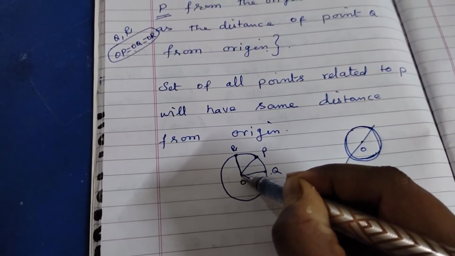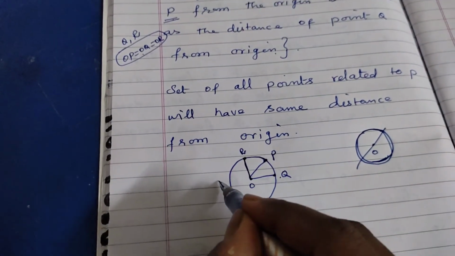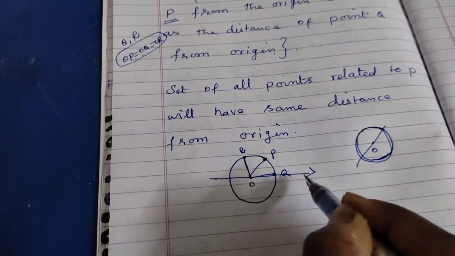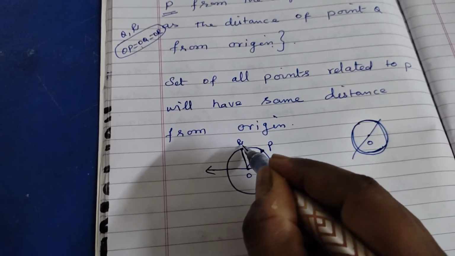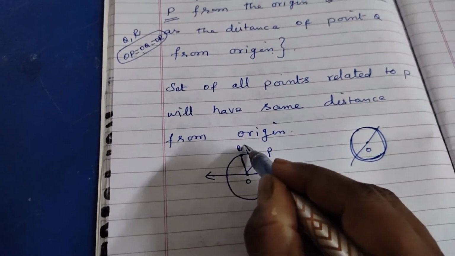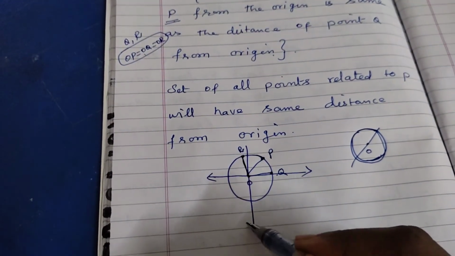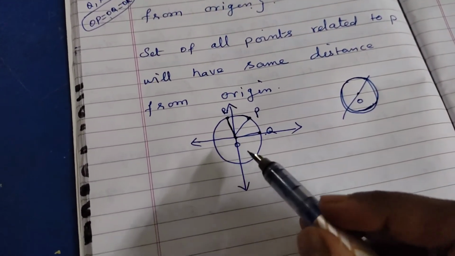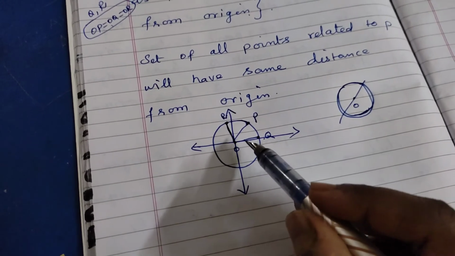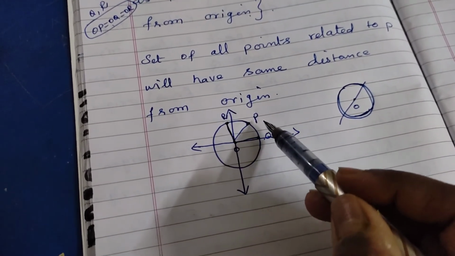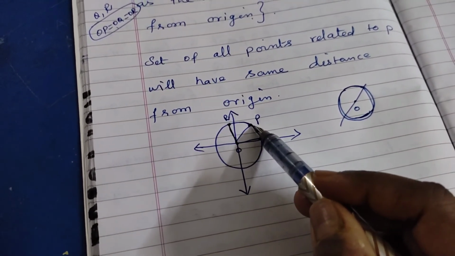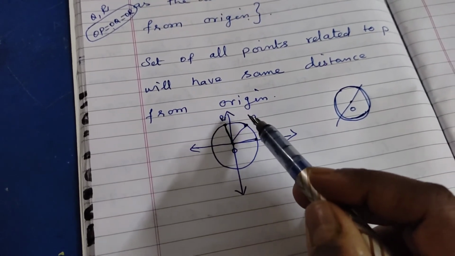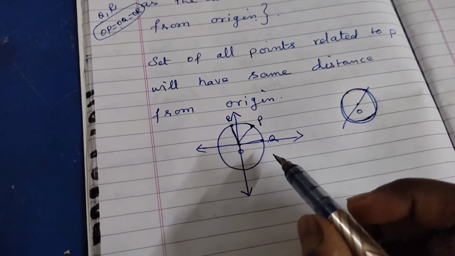From this diagram, these points related to point P will definitely form a circle, no?